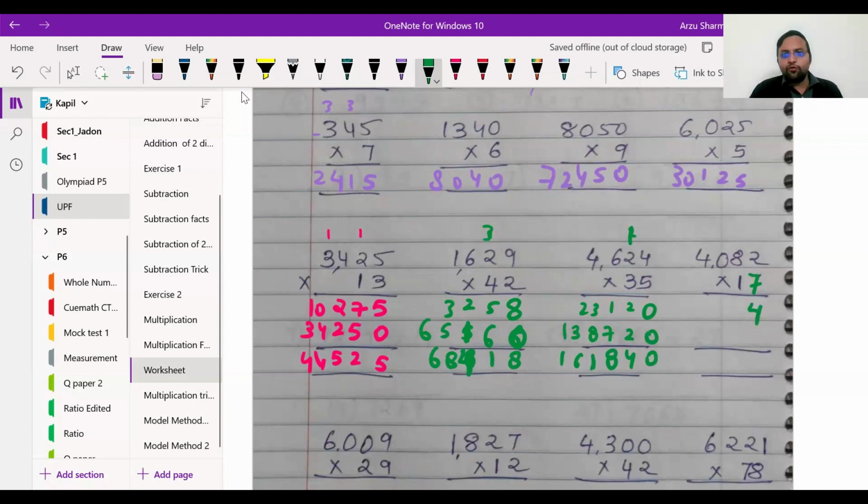So 7 times 2, 14. 7 times 8 is 56. And 7, 5, 28.